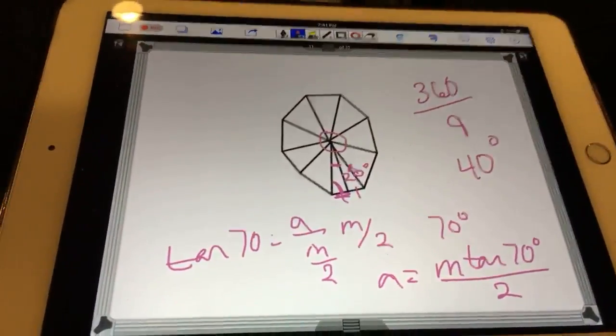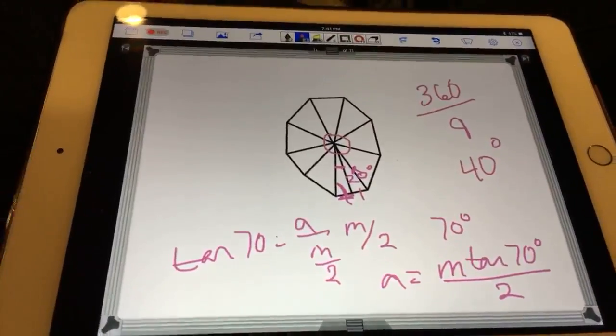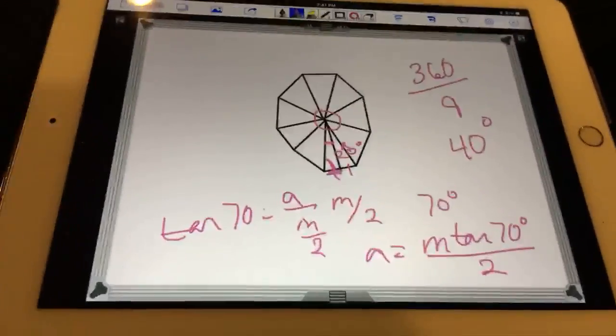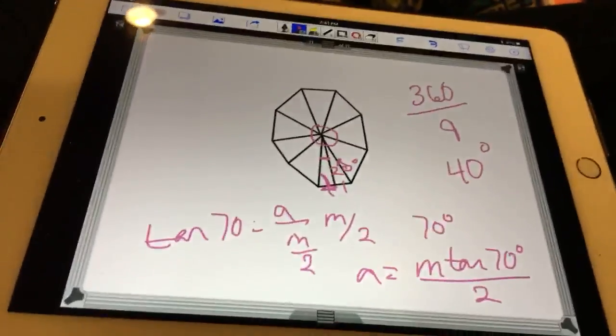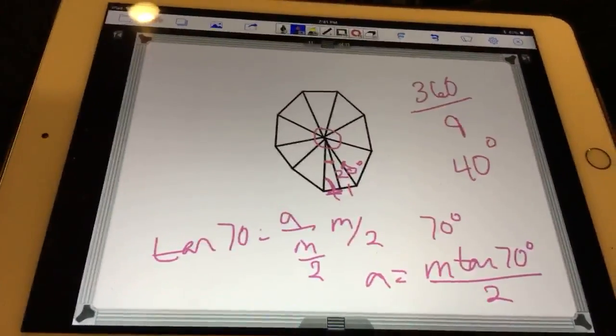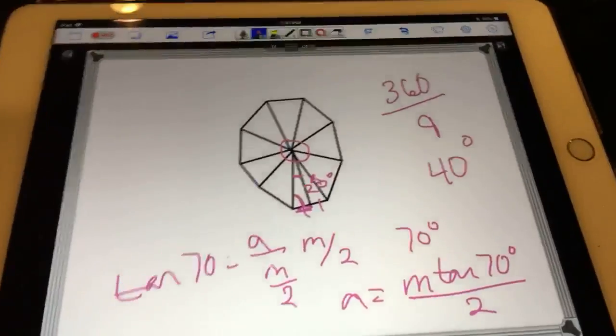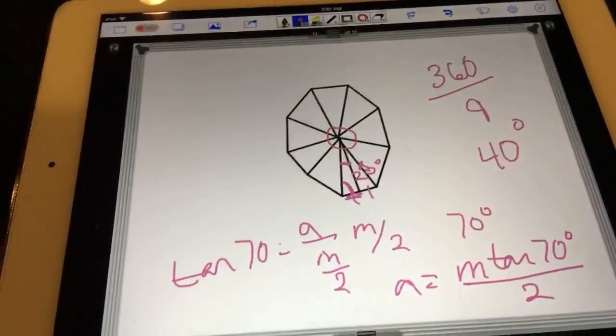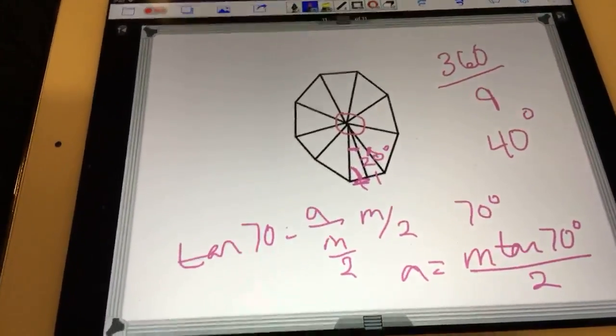It's not going to be that straightforward in any other shape. So you're always going to need to do the tangent. Okay?